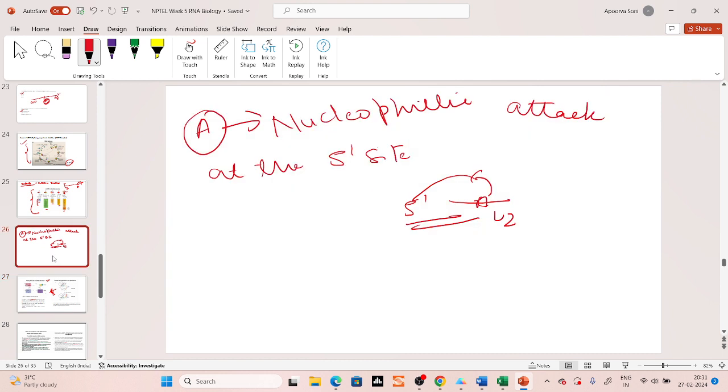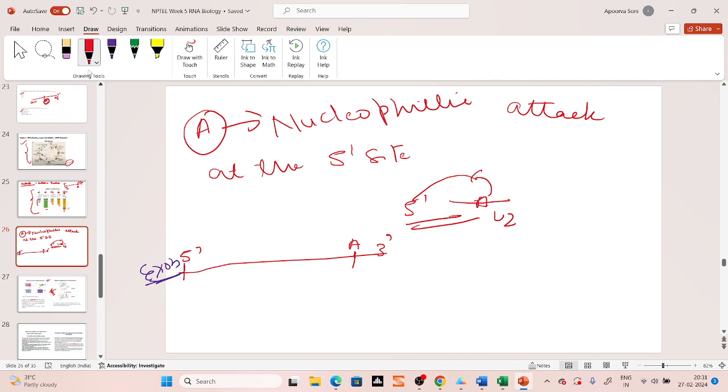See, I will explain it to you in the easiest manner. 5 prime site, 3 prime site, branch point. Here, this is exon.